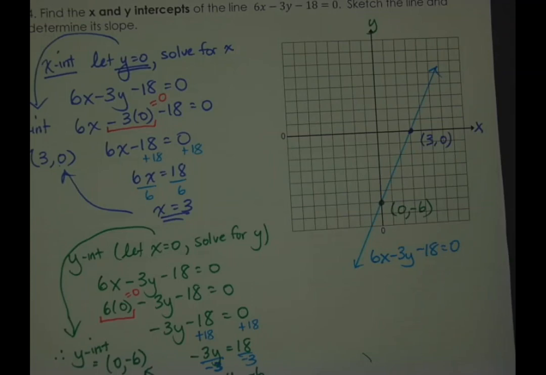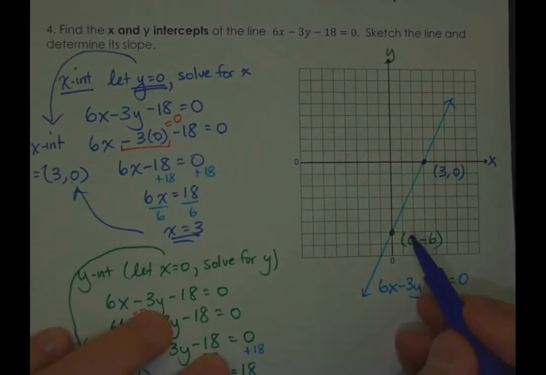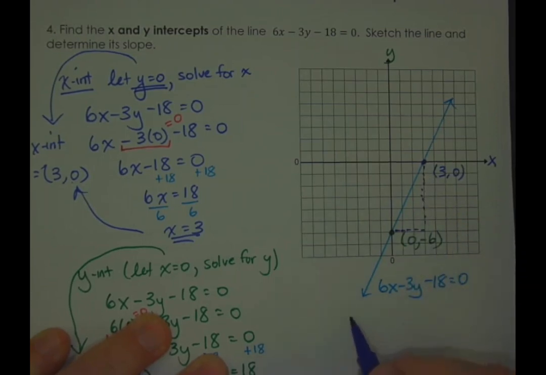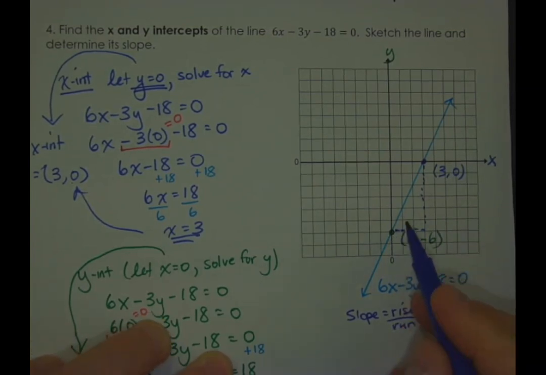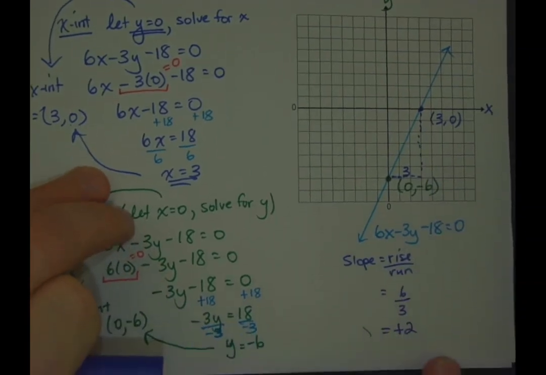Now, it says here, sketch the line and find its slope. Well, slope is rise over run. And you look at this line, you say, well, it has a run of 3 and a rise of 6. My slope here is positive 2.